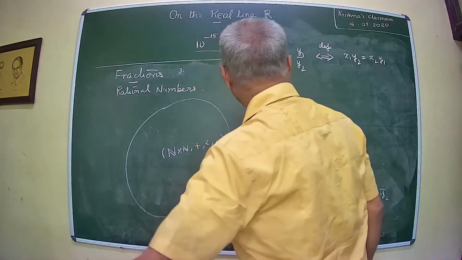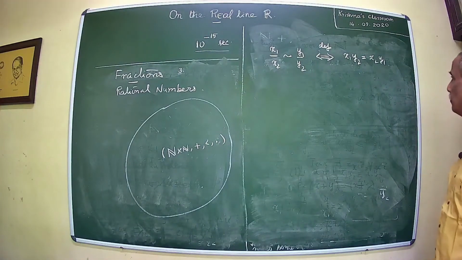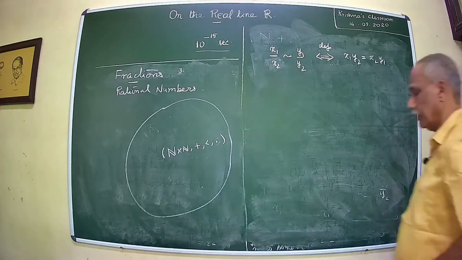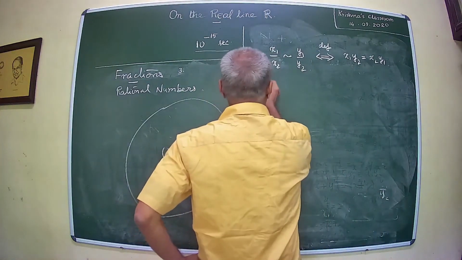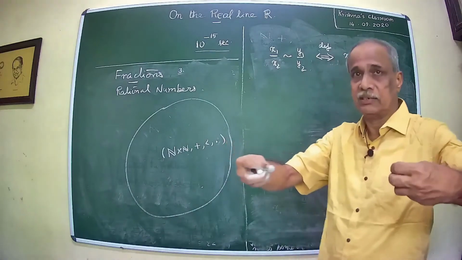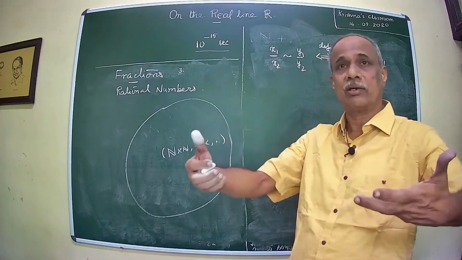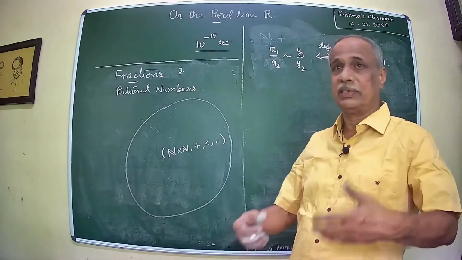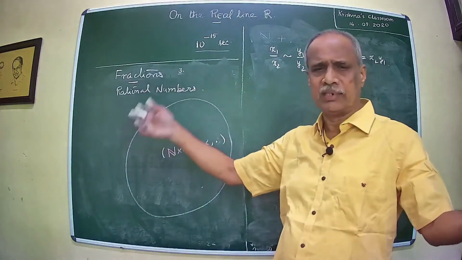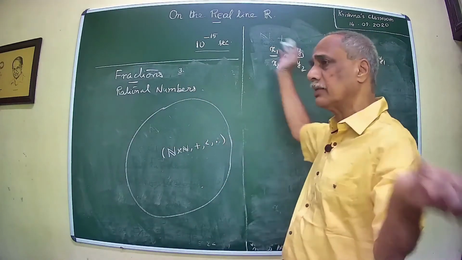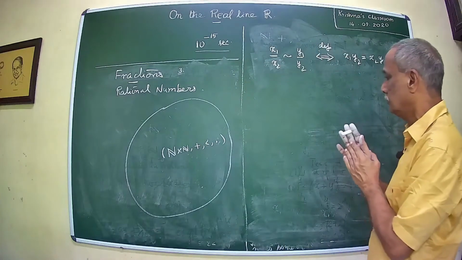So we say that x1 by x2 is related to y1 by y2 if x1 y2 is equal to x2 y1. What sort of relationship is this? Given two fractions, either they are related or they are not related. Either they are equivalent, or not equivalent, which means one may be less than the other, as we have defined earlier.